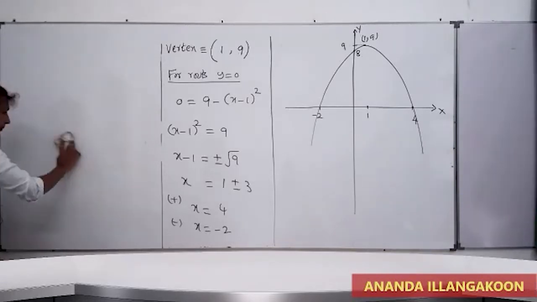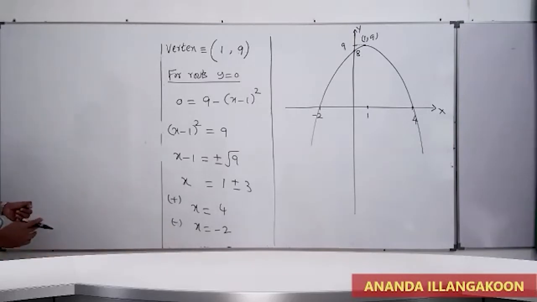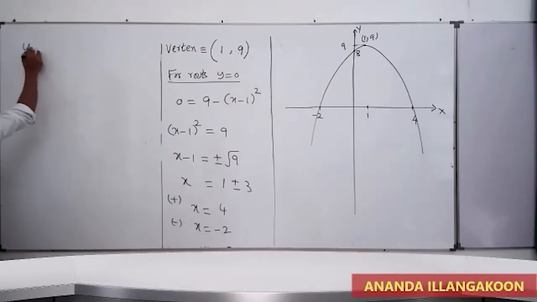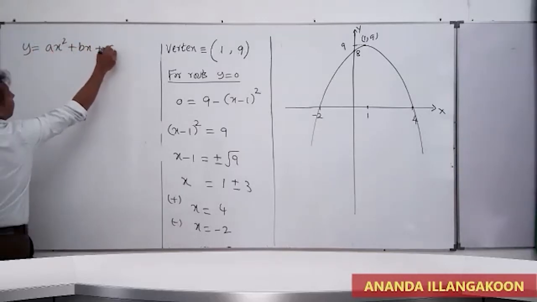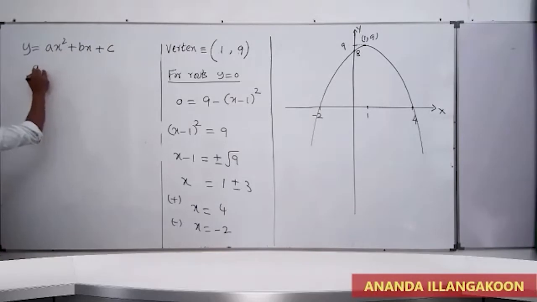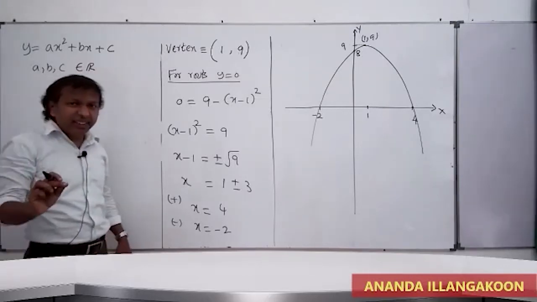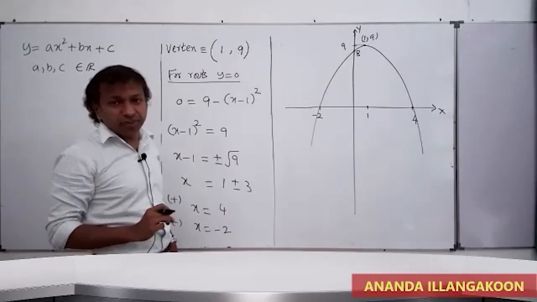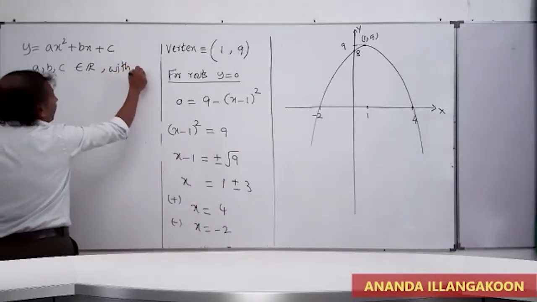The most common form of writing a quadratic function is y equals ax squared plus bx plus c. What are these a, b, c? a, b, c are any three real numbers, with a not equal to 0.